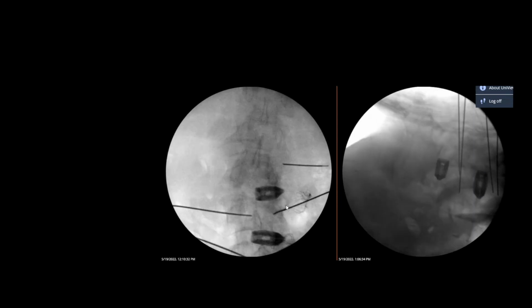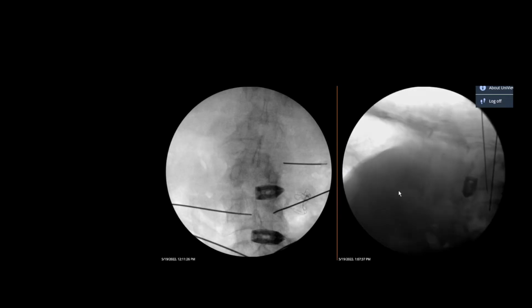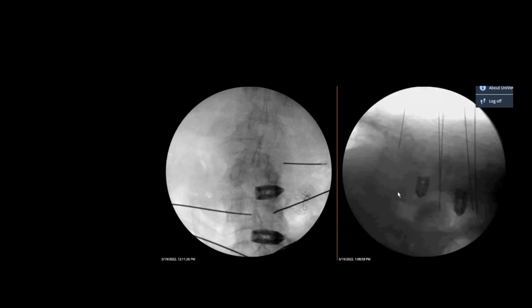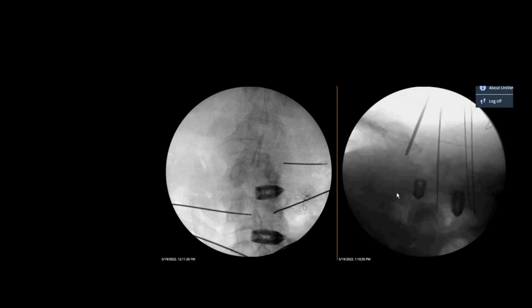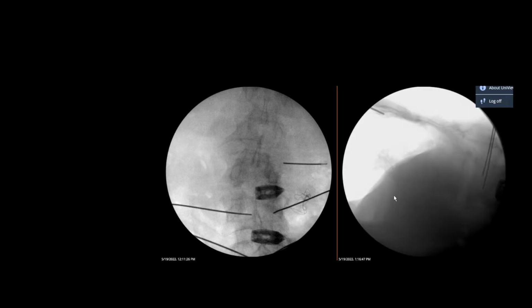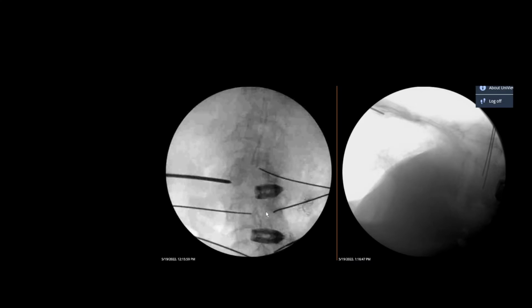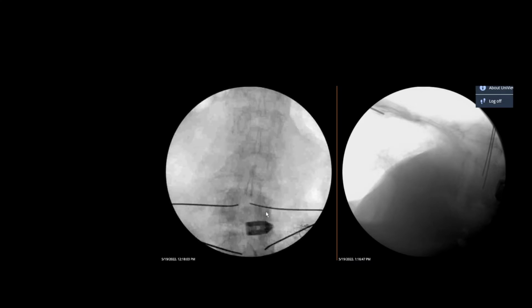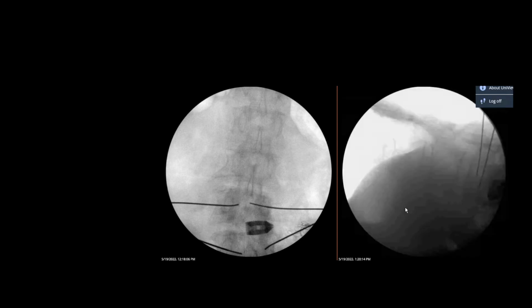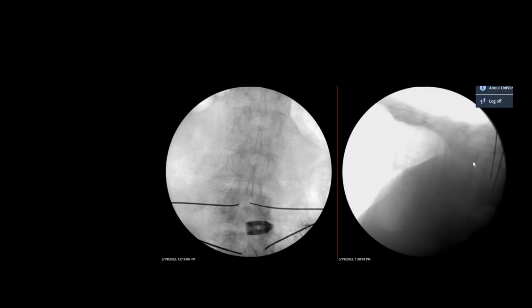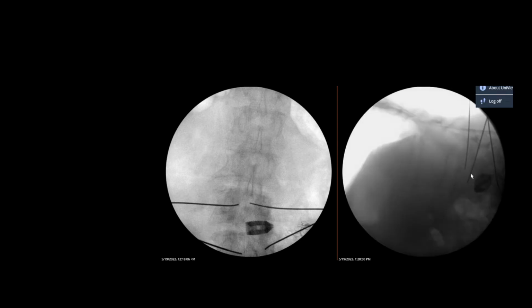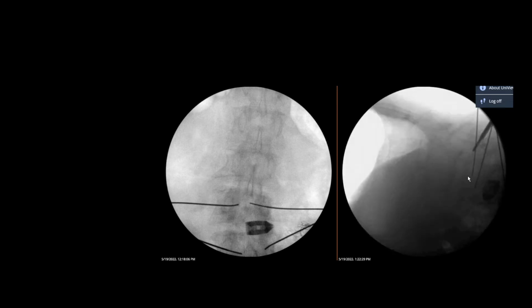Now we are going to adjust the films for the next level, and again significant maneuver of the C-arm is needed to do that. Now we put the K-wires in the L3, and then after we adjust now for the end plate of the L2-3 here, we are ready to approach that disc.